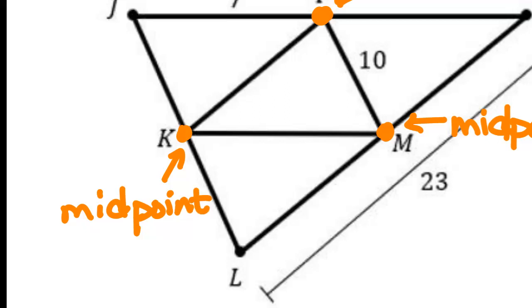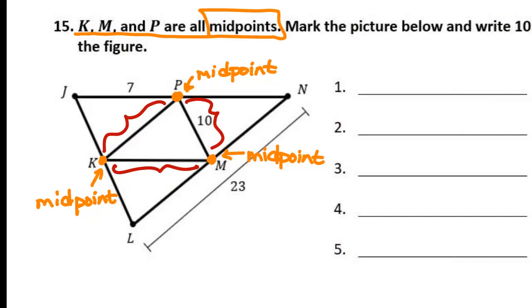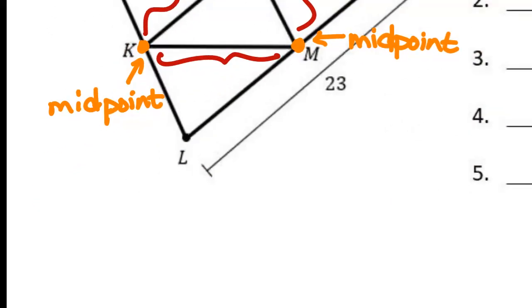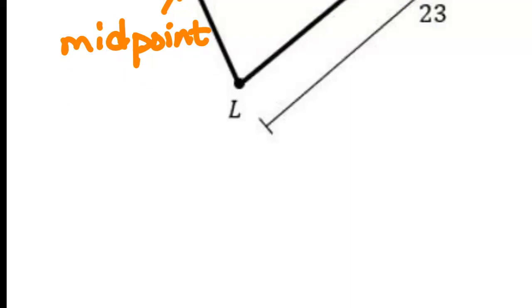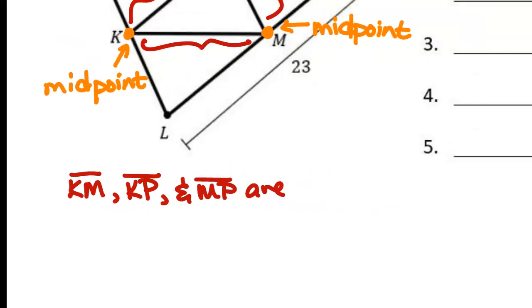If those are all midpoints, then that means we call segment KM, segment KP, and segment MP what? What do those all get called? Mid-segments, because they're joining two midpoints together. So KM, KP, and MP are all mid-segments.